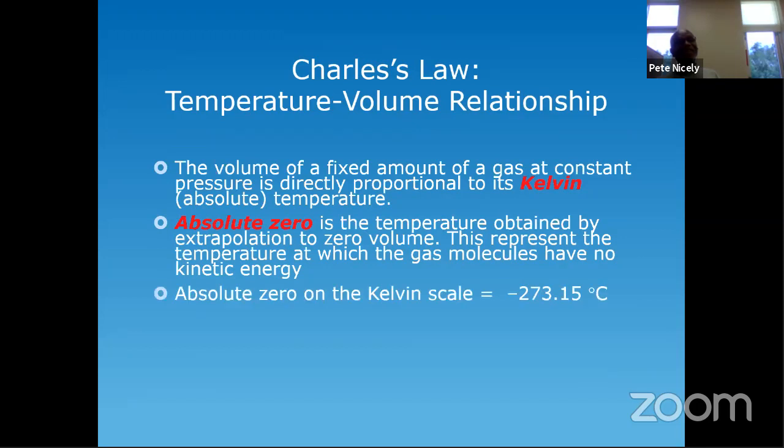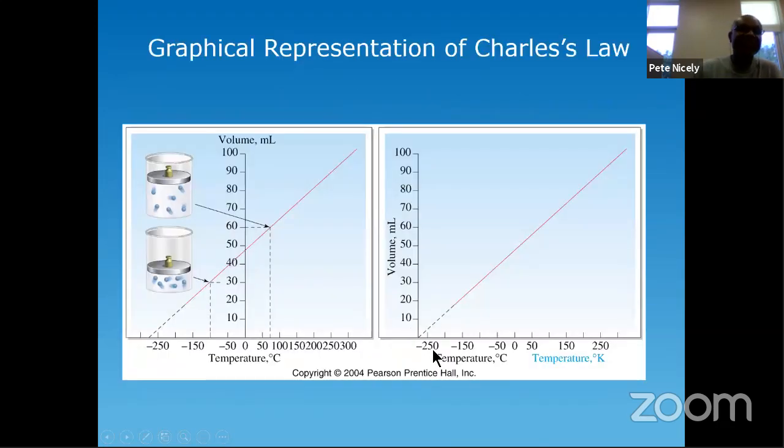In other words, it has no translational energy, no rotational energy, no vibrational energy, right? And it turns out that absolute zero on the Kelvin scale is the same thing as minus 273.15 degrees Celsius. So in other words, 0 Kelvin is equal to minus 273.15 degrees Celsius.